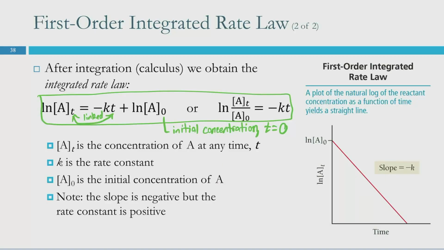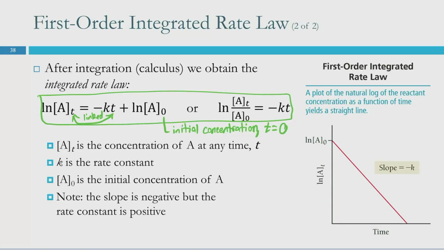And you might notice that this left form looks kind of like y equals mx plus b. Sort of has that same shape to it. And that's what we're taking advantage of in this plot. So our x here is time. So we put time on the x-axis. And what is in the spot where y would normally be, that ln concentration of A at time t, that's our dependent variable, our y-axis.